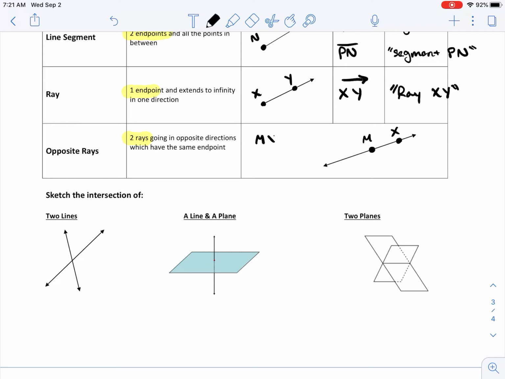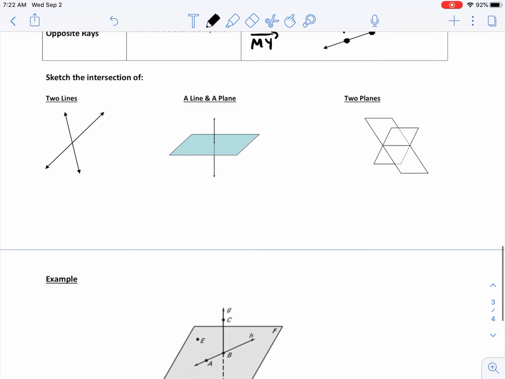So if I were to call this Ray MX, and I have one going the opposite direction, we'll call that Y, and that would be Ray MY. So opposite rays, two rays that go in exactly opposite directions, will create a line.